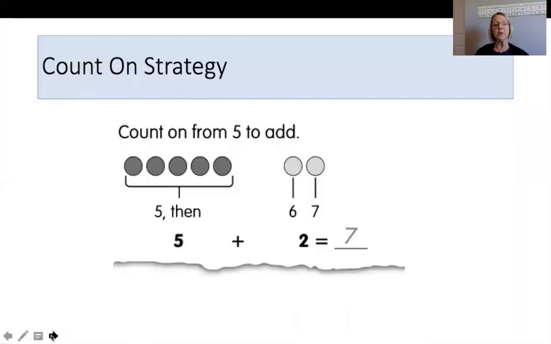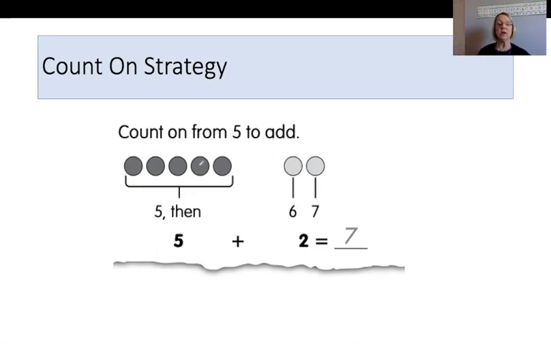All right, another strategy that we use is called the count on strategy. What we do with the count on strategy is we find the largest addend, which in this case is 5, and then we add on. I know in some of your classrooms you say 5, and we put it in our head, and then we add on 2 more.